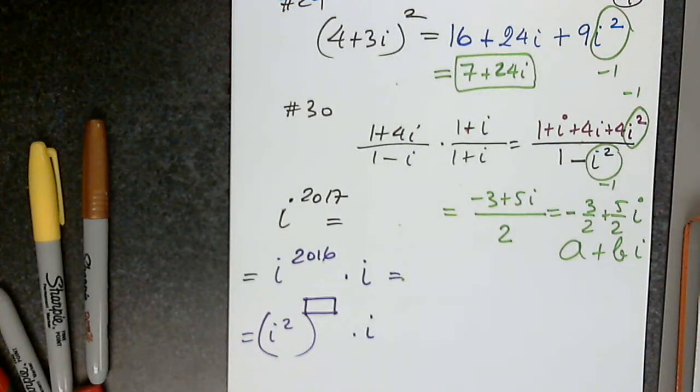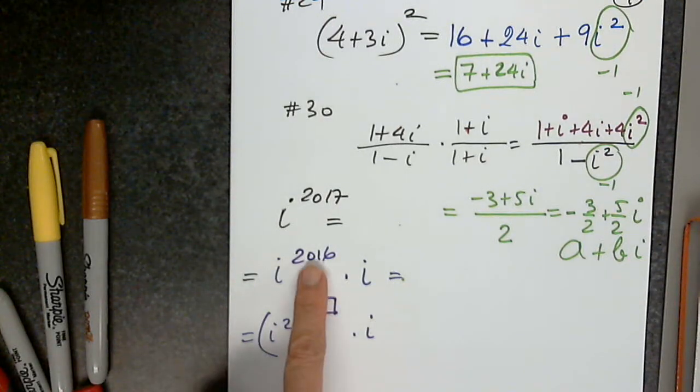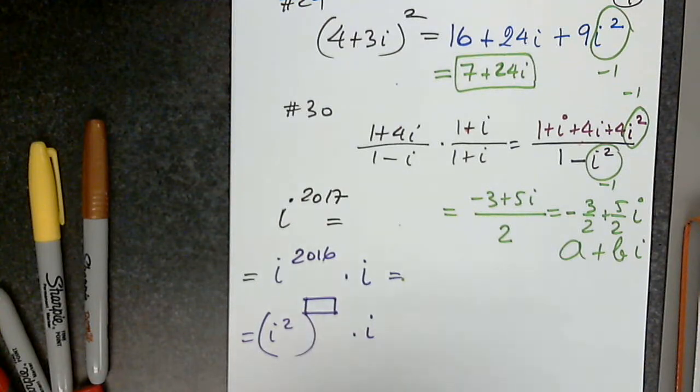Which operation am I looking for to get that number in the box? Add, subtract, multiply, or divide? I'm sorry, of course. So 2 times what is 2016?